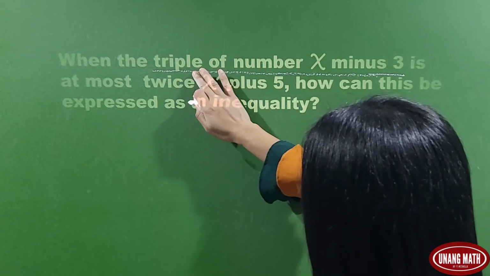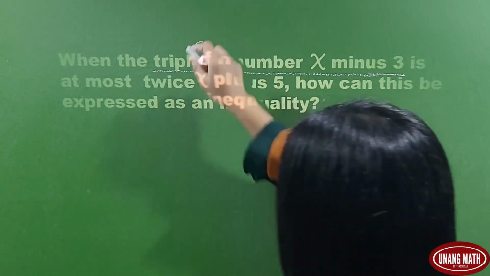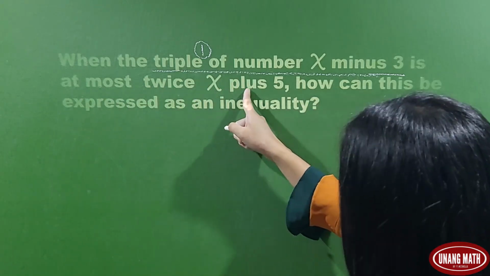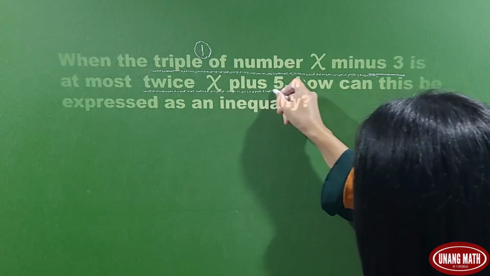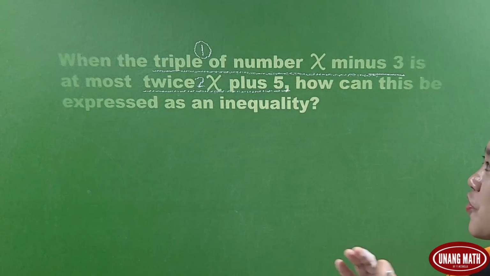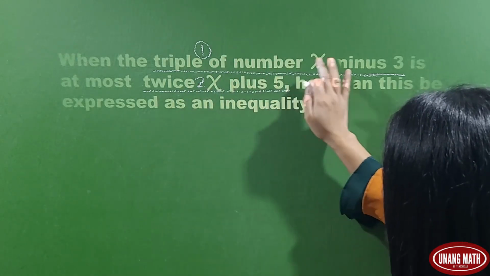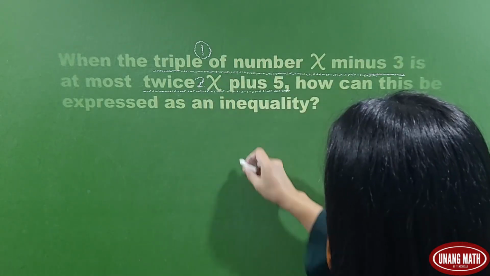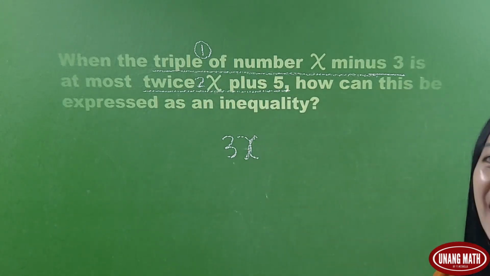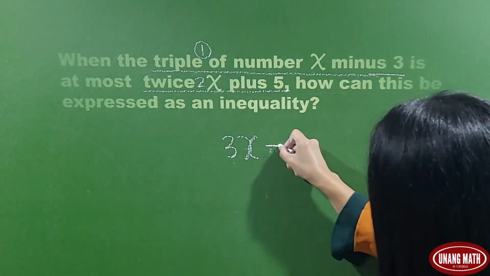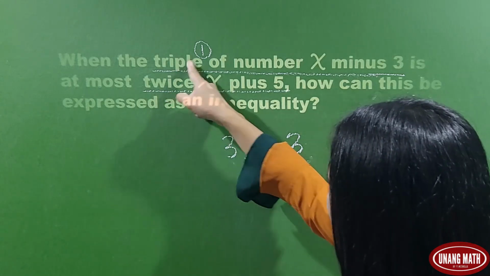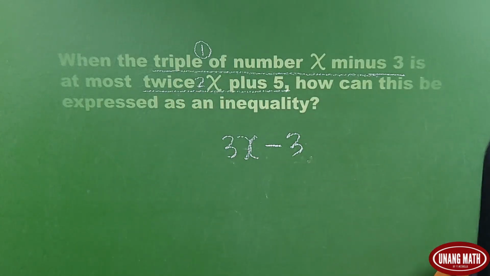This is our first expression, and at most twice x plus 5 is our second expression. Triple of number x means 3x. Minus 3 is minus 3. So this is 3x minus 3, our first expression.